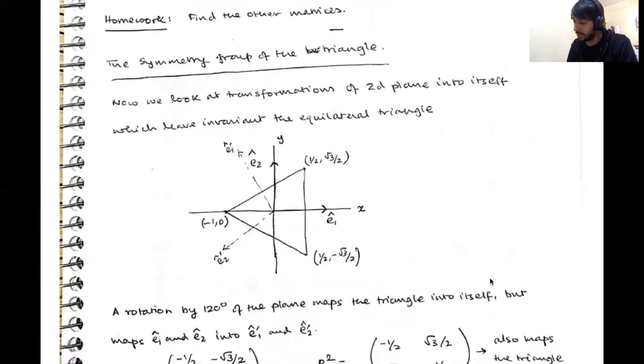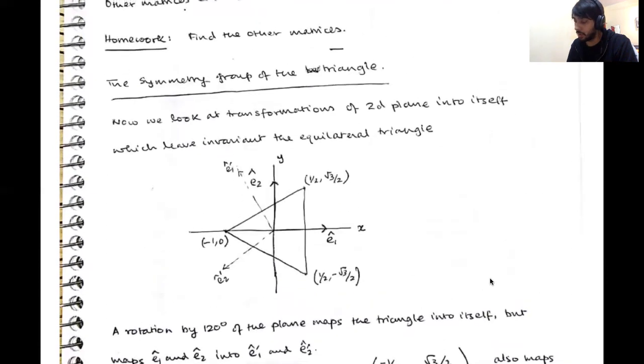So what is something that is going to rotate? If you have your axes which were like this, you can rotate each of them by 120 degrees, and then this thing stays the same. Okay. So the operation is going to be an operation of rotating it by 120 degrees. Now, this is something that we're going to learn also later.